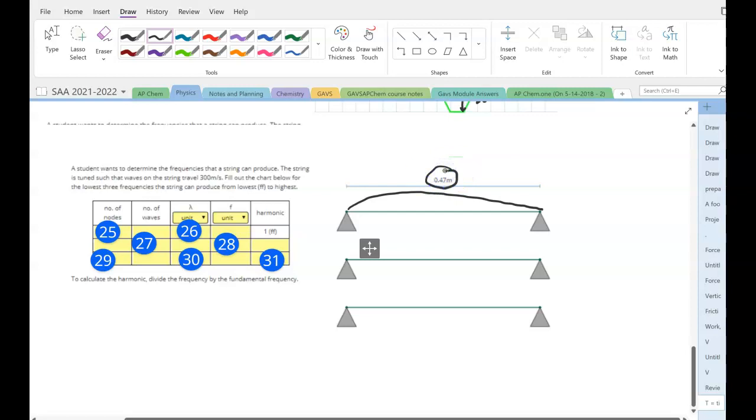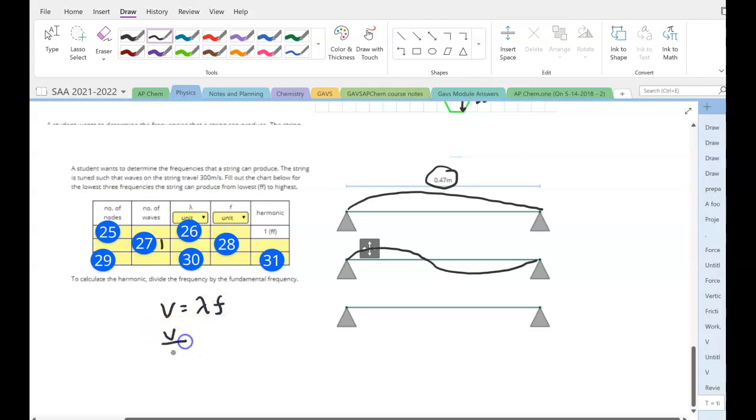And then number 27 asks for the number of waves in the second harmonic. So we have the half of a wave and the other half of the wave. That gives us 1 whole wave, and the frequency, therefore, would be the velocity, since velocity is equal to wavelength times frequency.